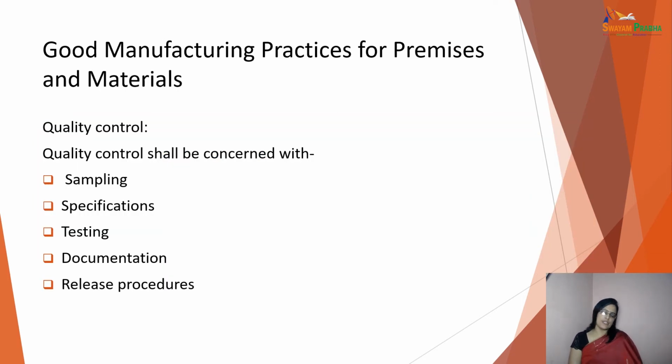Before this we discussed quality assurance. Now this is quality control. Quality control shall be concerned with the sampling, specification, testing, its documentation, and release procedures which ensure that the necessary and relevant tests are actually carried out and that the material is not released for use, nor product released for sale or supply, until its quality has been judged and found satisfactory.